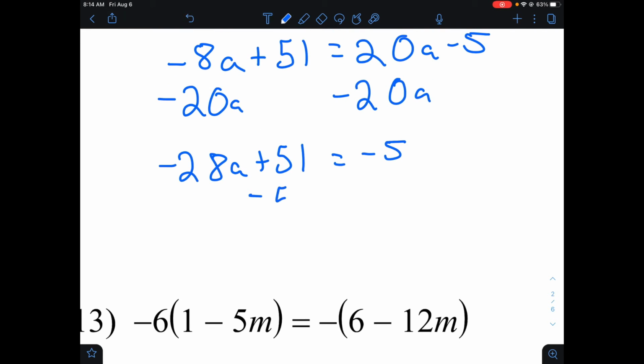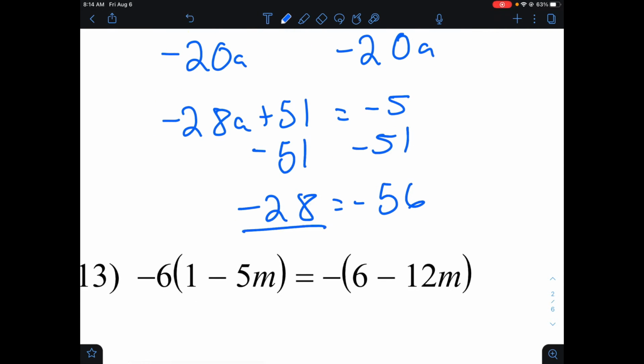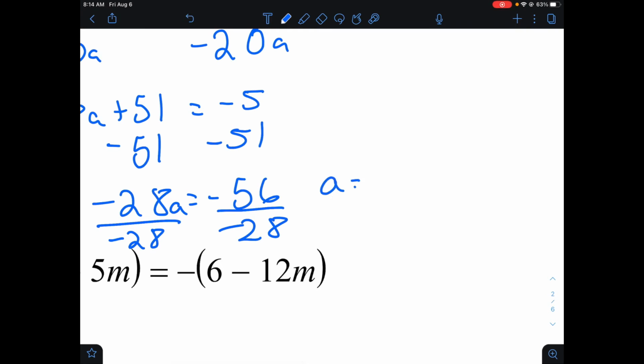All right, now we got to bring this 51 over. So I get minus 28a equals negative 56. I forgot my a. And then I'm going to go ahead and divide by negative 28. Which is going to give me a positive 2.